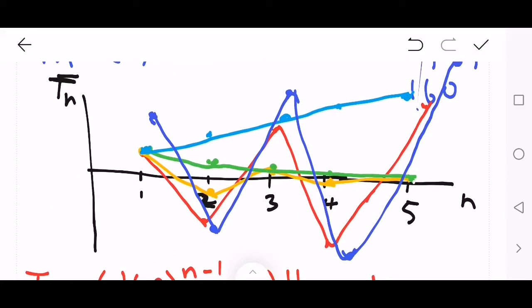And the amplitude is the length from 0 to the highest point in a sequence, in a graph representation.